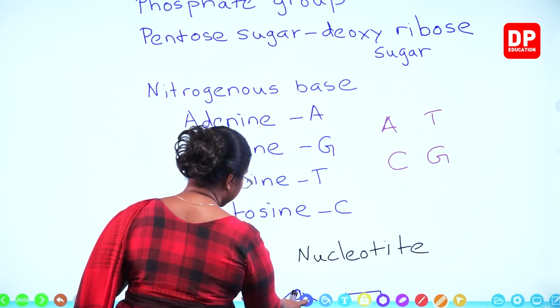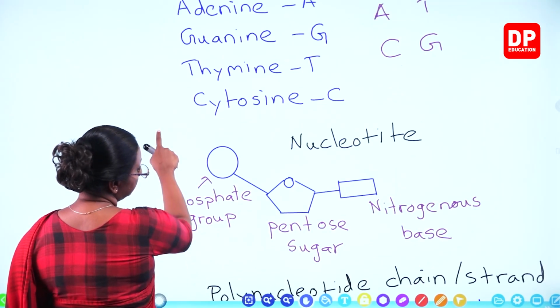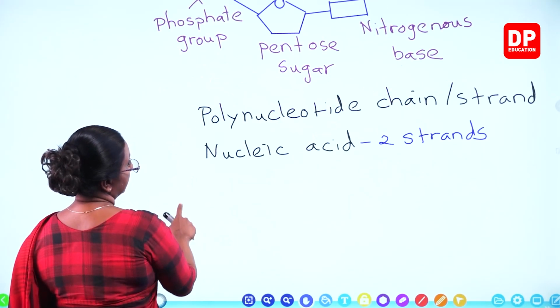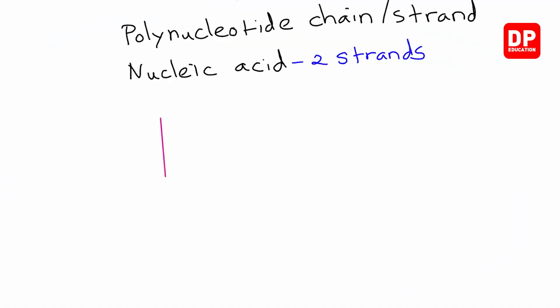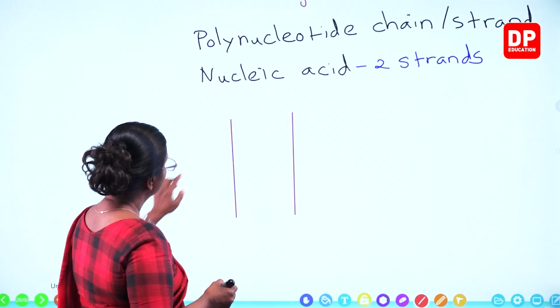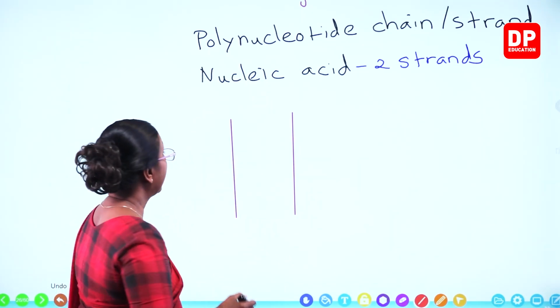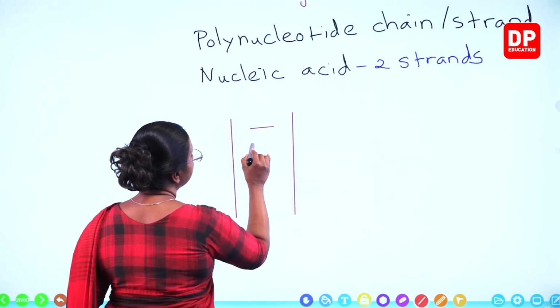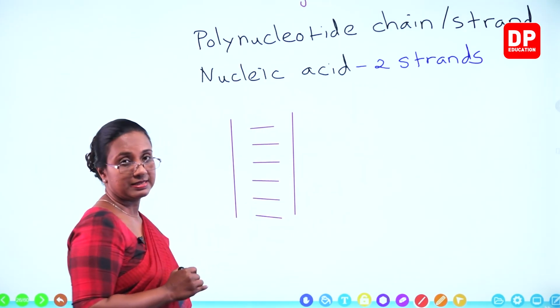So here, like I said, if we have a DNA molecule like that, these are the 2 polynucleotide strands, and they combine by forming bonds between the nitrogenous bases.